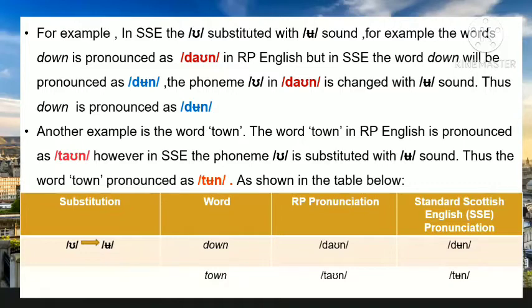In RP, the word down will be pronounced as down and the word town will be pronounced as town. But in SSE, the standard Scottish English, the word down will be pronounced as done and the word town will be pronounced as done. For example, if they say 'That's me down the road,' Scottish people will sound like this: That's me down the road.